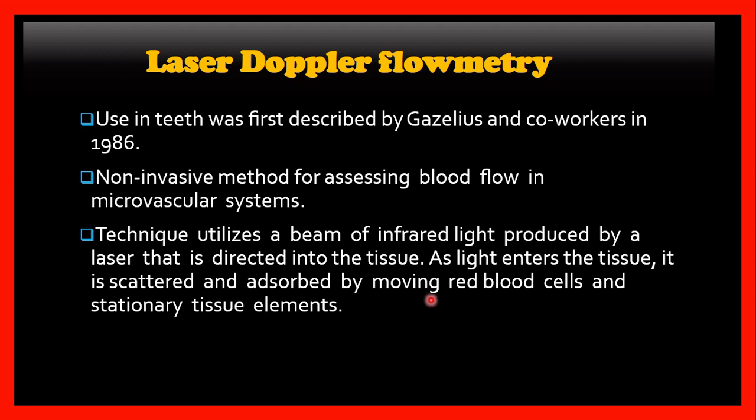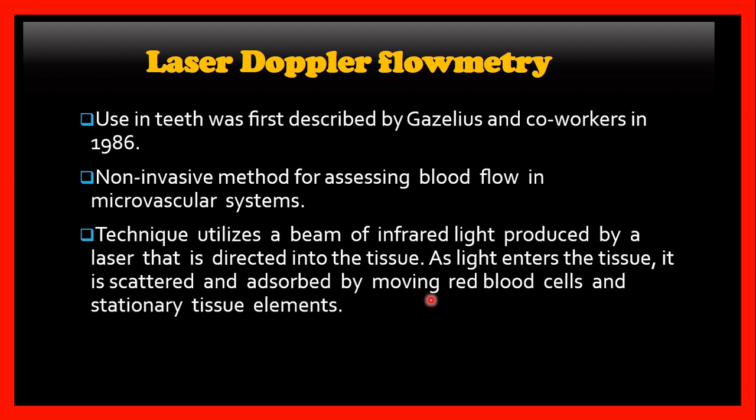Photons that interact with the moving red blood cells are scattered and frequency shifted as per the Doppler principle. But photons that interact with the stationary elements are not Doppler shifted. So a portion of light is returned to the photon detector and a signal is produced by the Doppler shifted photons.